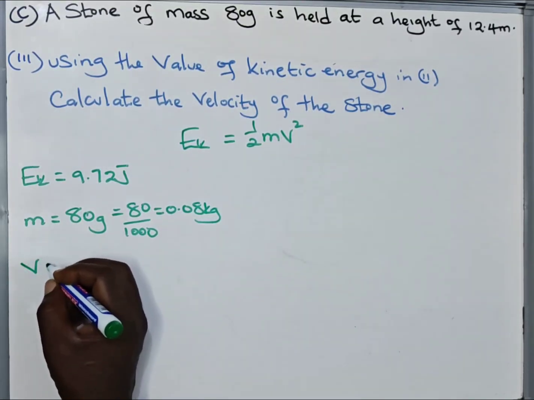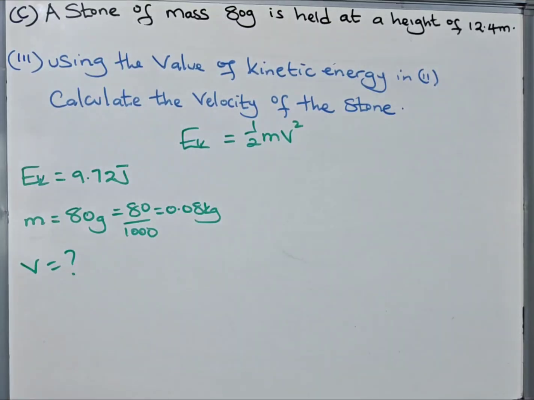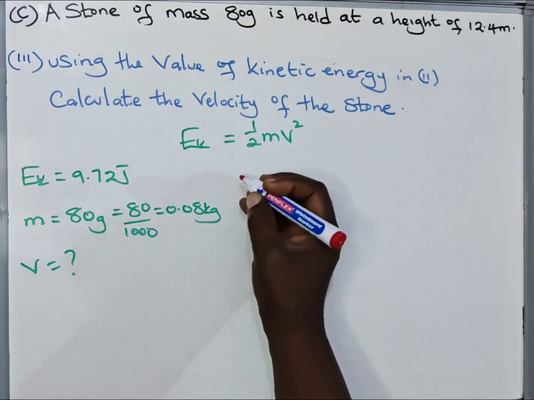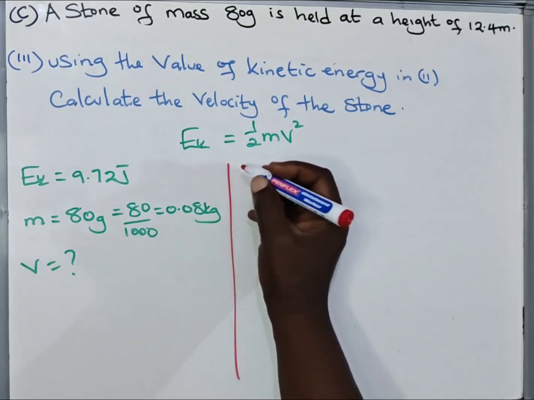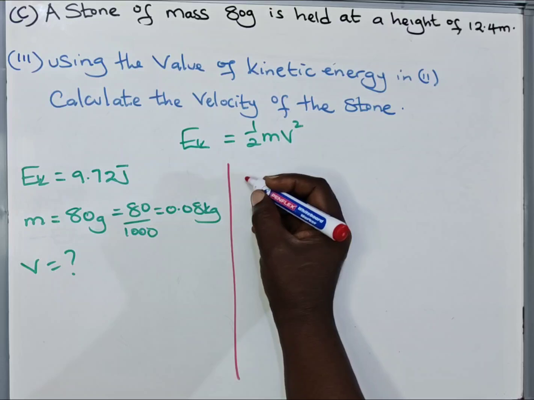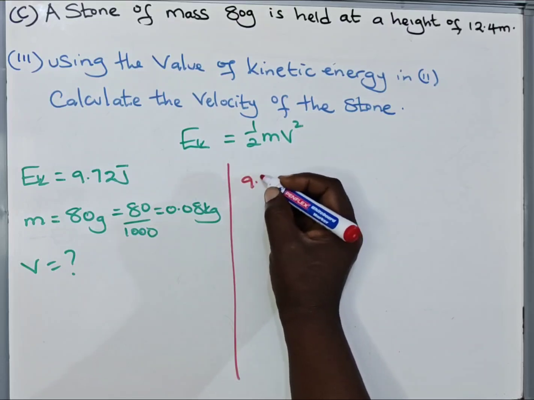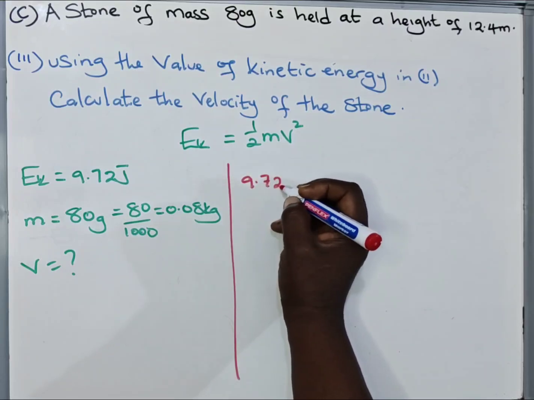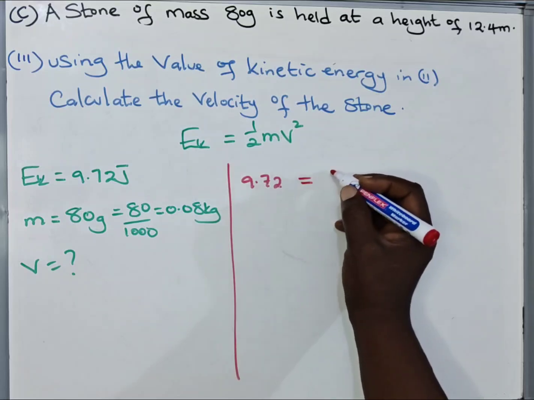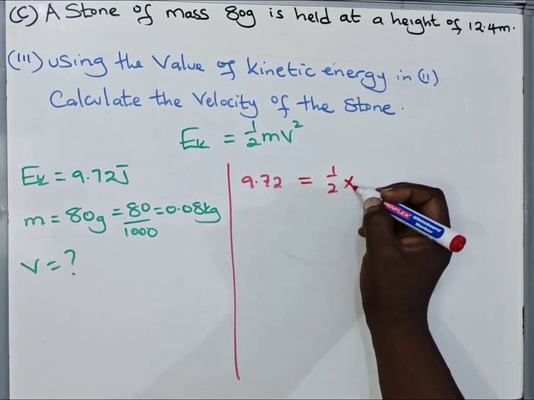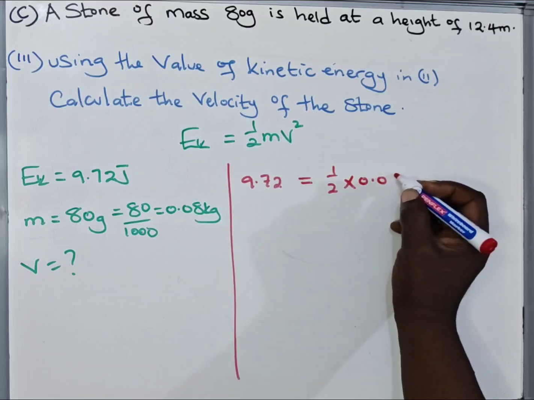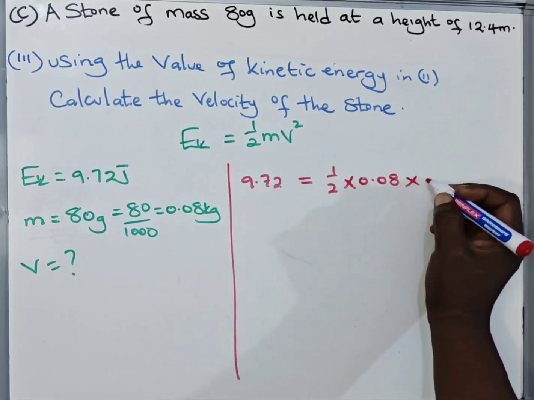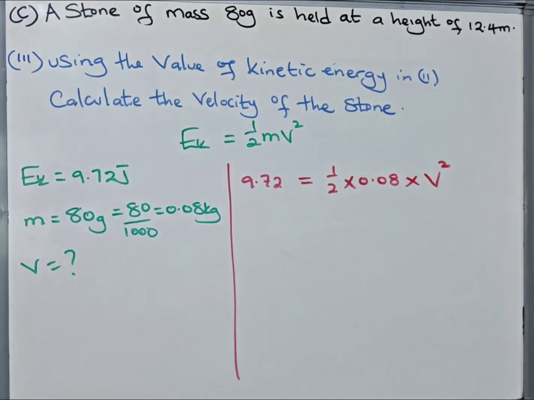And we are looking for velocity. What do we do? We substitute here. We are going to say EK, which is 9.72, is equal to a half times mass, which is 0.08, times velocity squared.